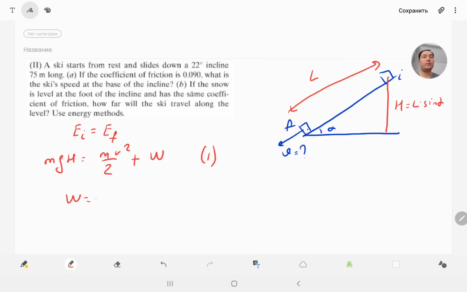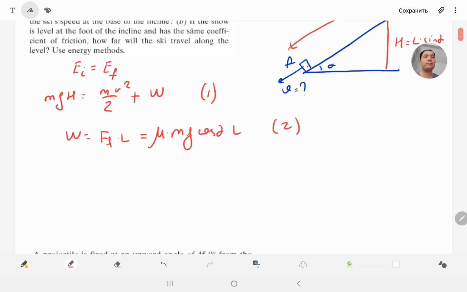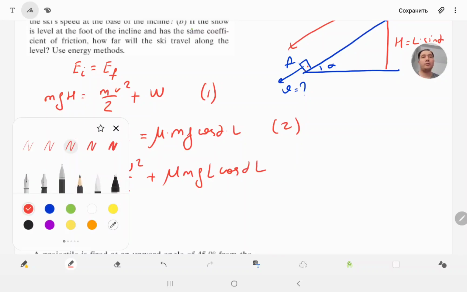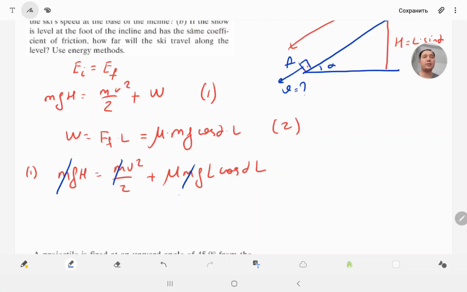The work done by the friction force is equal to the friction force times L. What is the friction force? Coefficient of friction times the normal force, which for this case is weight times cosine alpha, times L. So this will be the second equation. I think we can solve this problem just by using these two equations. Let's continue with our first equation: potential energy equals kinetic energy plus the work done by the friction force, mu mg cosine alpha times L. The mass will be cancelled.